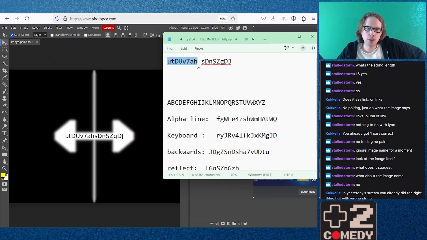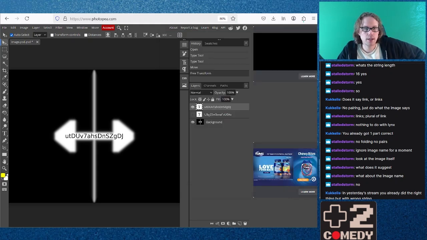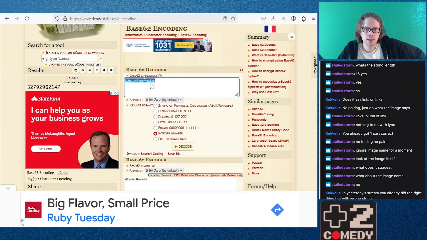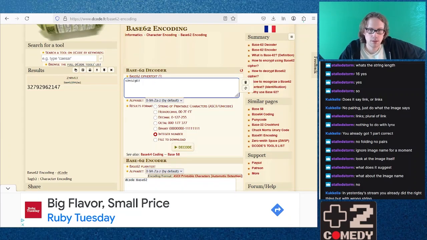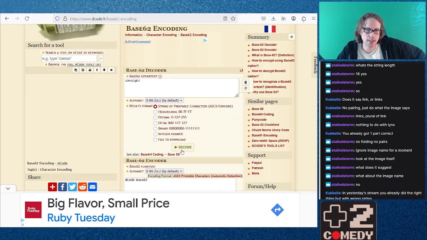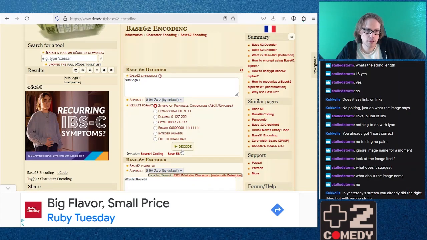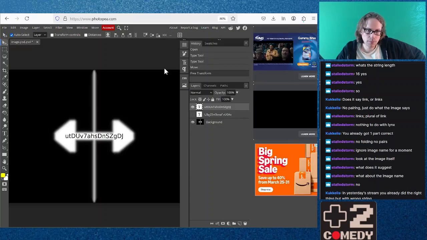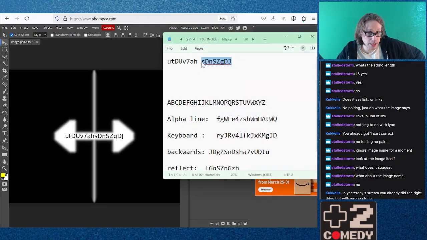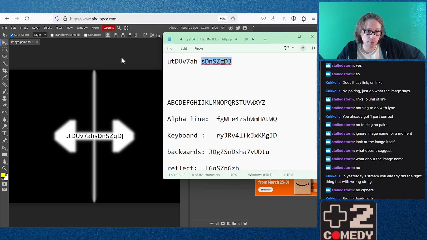I mean, I could flip this backwards. All right, let's try this. Does that make sense? No, okay. Because my current thought would be read this one from left to right, read this from right to left.